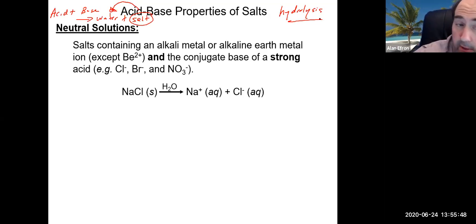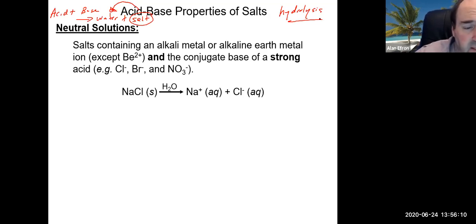If the acid is a strong acid, or if the base is a strong base, its conjugate partner will be relatively weak. That's opposite if we had a weak acid or a weak base, where its partner on the other side will be relatively strong.